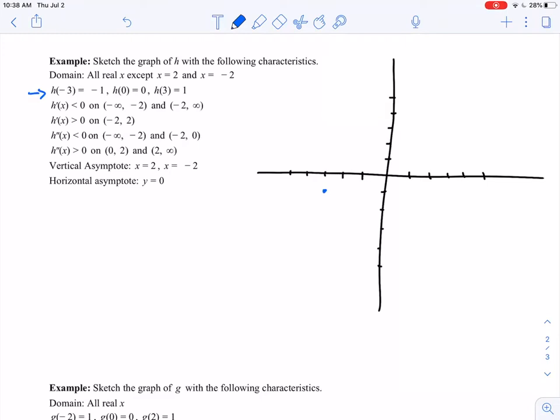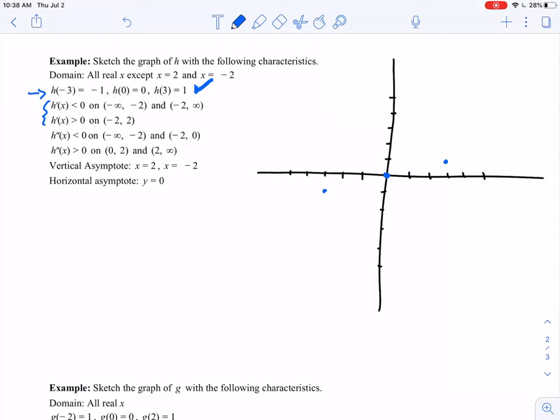I've got a point at 0, 0, and then I have a point at +3, +1. All right, so let's see. We have some information next about our first derivative, so let's talk about that. Actually, let's just put a little check mark next to these points to show that we've plotted those points.